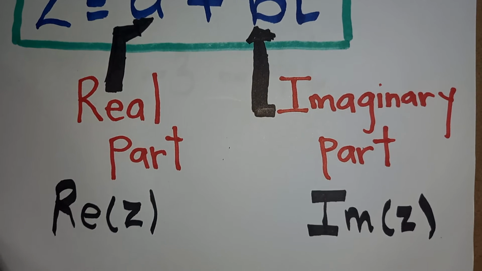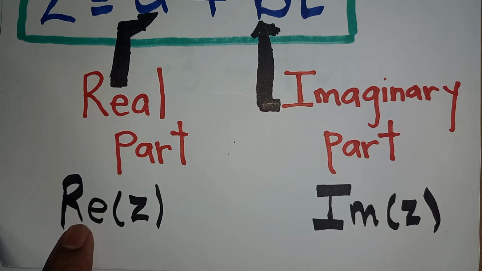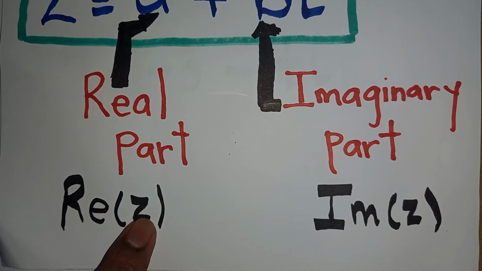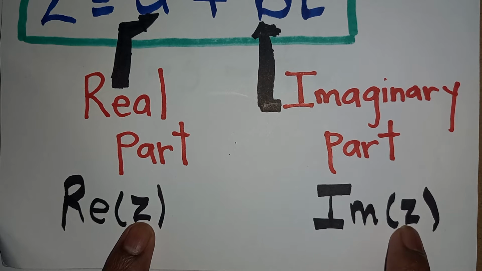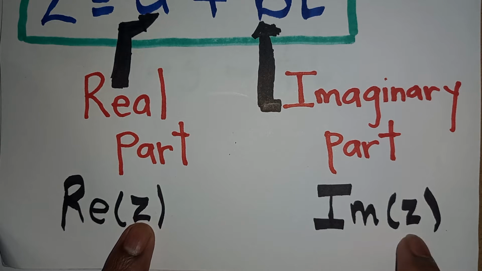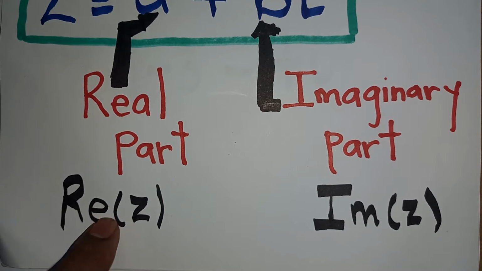In short, the real part we write as Re of z, that is real of z, and the imaginary part can be written as Im of z. This indicates it is the imaginary part of z, right? And this indicates the real part of z.